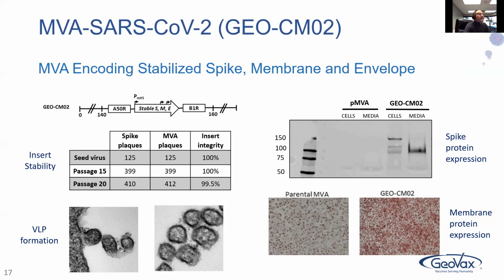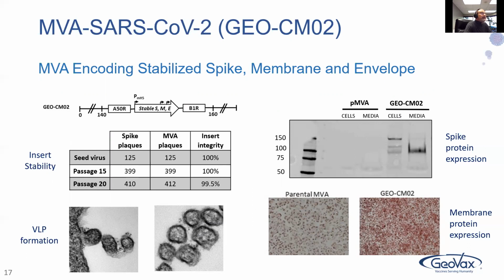You look at the right side of the panel, we show that you can get spike detected by a Western blot in the media of cells that have been infected with the MVA CMO2 vaccine. The fact that they're present in the media indicates that it's either secreted or that we are getting virus-like particles formed. The reason we're focusing on the virus-like particles is because of their increased immunogenicity.